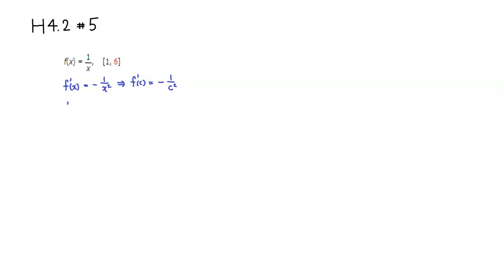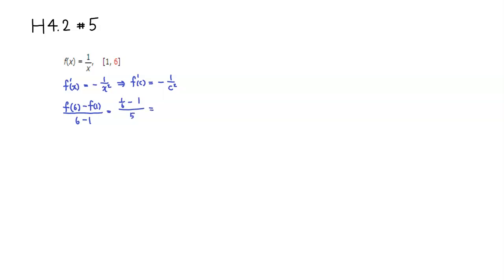So we want to find the difference quotient, f of 6 minus f of 1 over 6 minus 1, which would be 1 over 6 minus 1 over 1, over 6 minus 1, which is 5.